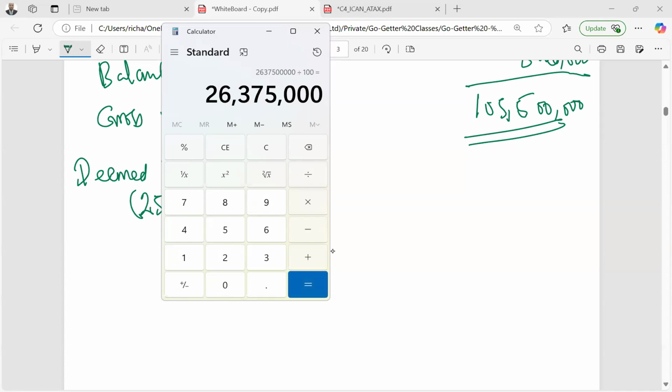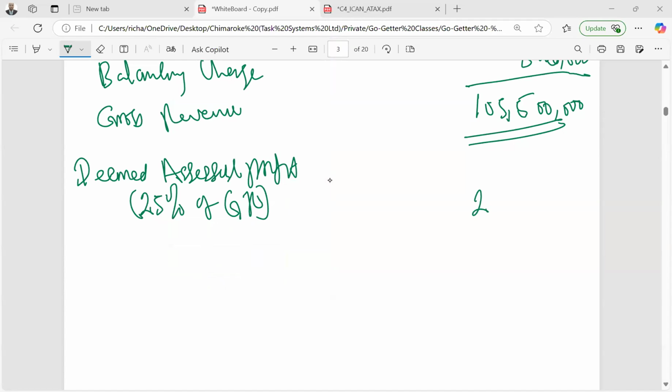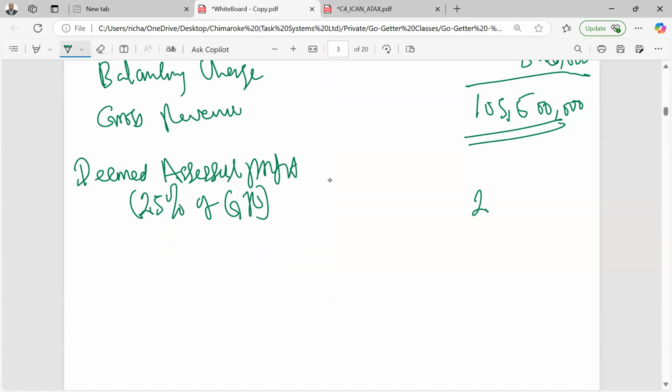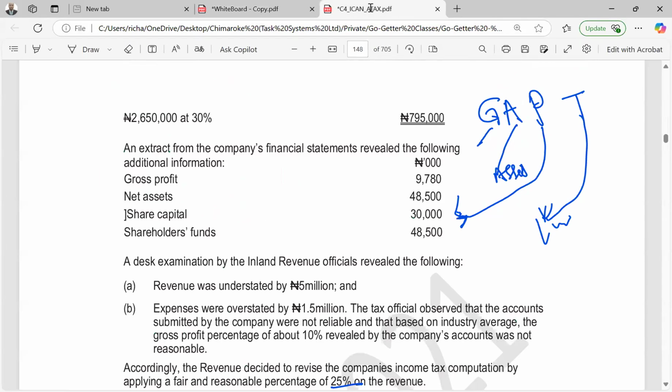So 26 million 375,000. That's your revenue, your accessible profit.